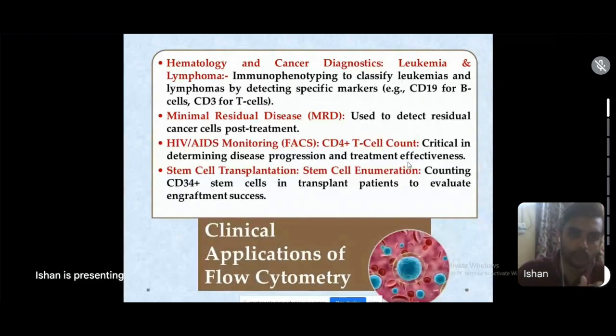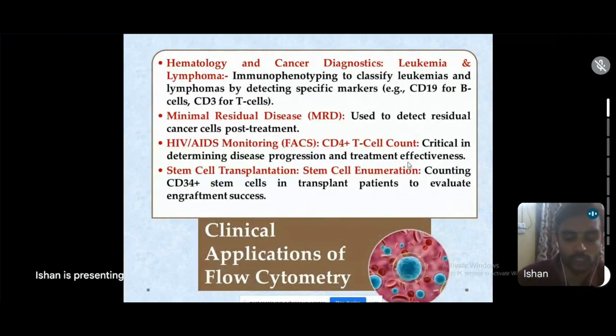But here, I cannot explain each and every specific disease and its diagnosis particularly. That will take a lot of time, 2 to 3 days for a session. But as an overview, I can give you the application of it.